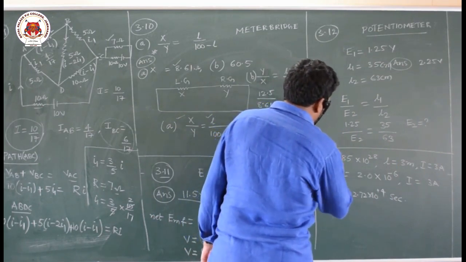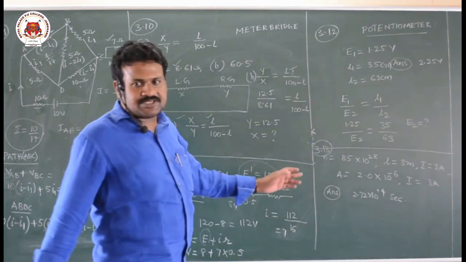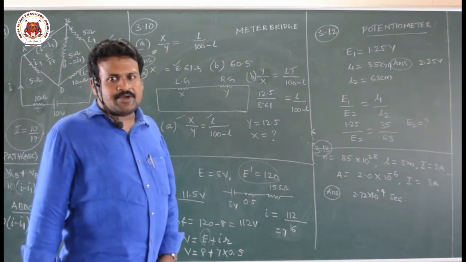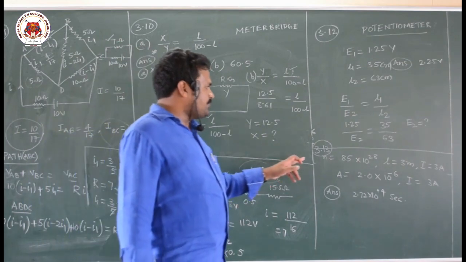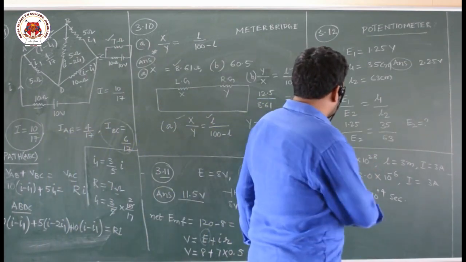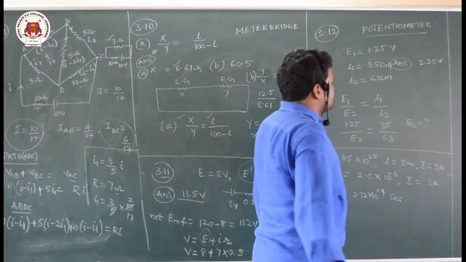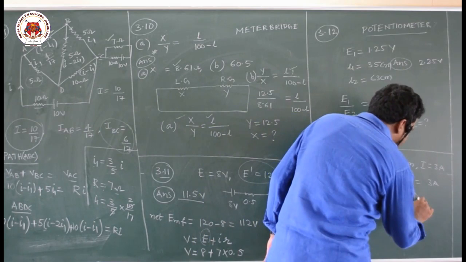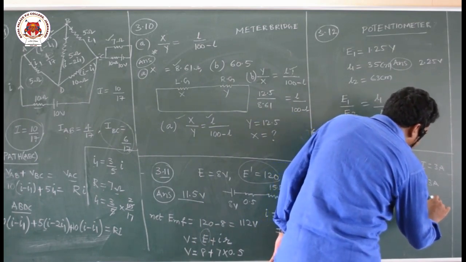In question number 3.13, you can refer to your NCERT textbook while watching the video. What he has given is the number of electrons per unit volume. This is based on the concept of drift velocity, which was our first video.